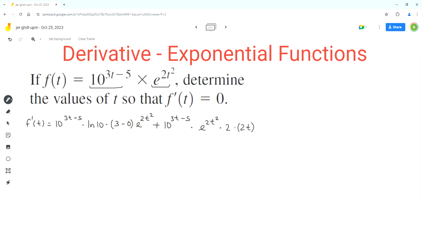Now we can simplify this expression. In the first part, 3 minus 0 is equal to 3. So we can simplify this expression as 3 times ln 10, then times e to the power 2t squared.